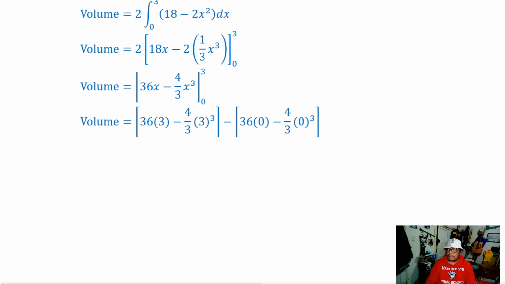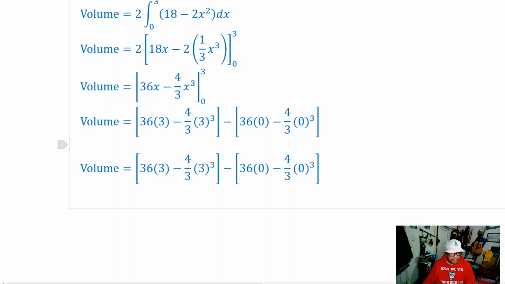All right. Clearly, this whole second half here is going to evaluate to 0, so I can just get rid of that. 3 times 36 is 3 times 30, which is 90, plus 3 times 6, which is 18. 90 plus 18 is 108.